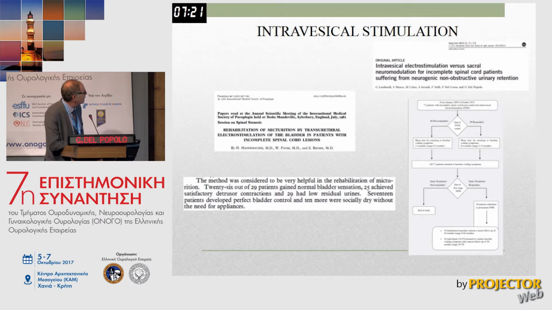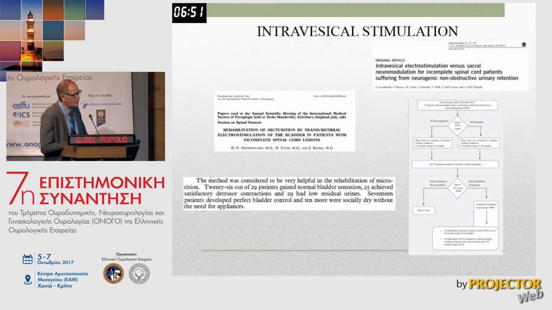So this is, I think, one of the first published papers by Madersbacher using intravesical stimulation to recover bladder voiding. We used the Katona technique, and in 80 we showed really fantastic results. Our group also studied the effect of intravesical electrostimulation.